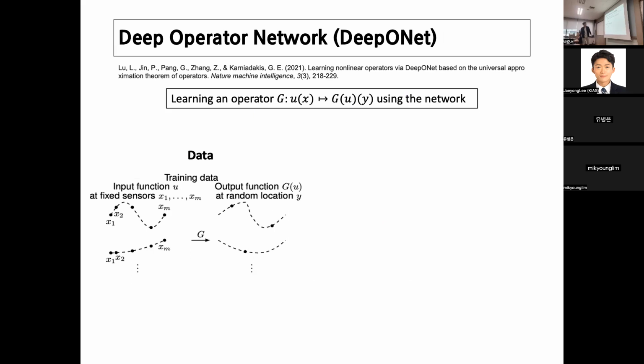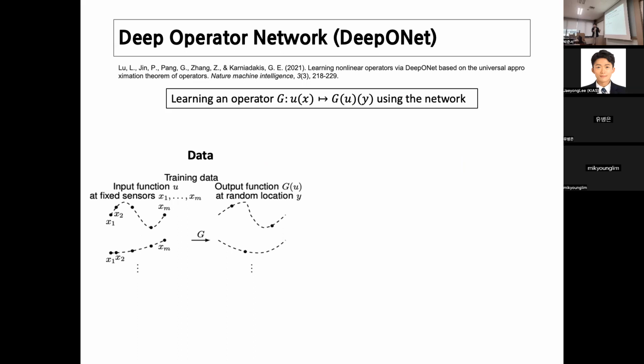So this DeepONet can overcome this limitation, which appeared in 2021. In this paper, they have a notation like this. They want to learn an operator G from u(x) to G(u)(y). So this is the input function, and G is the operator, so G(u) is a function which has a variable y.